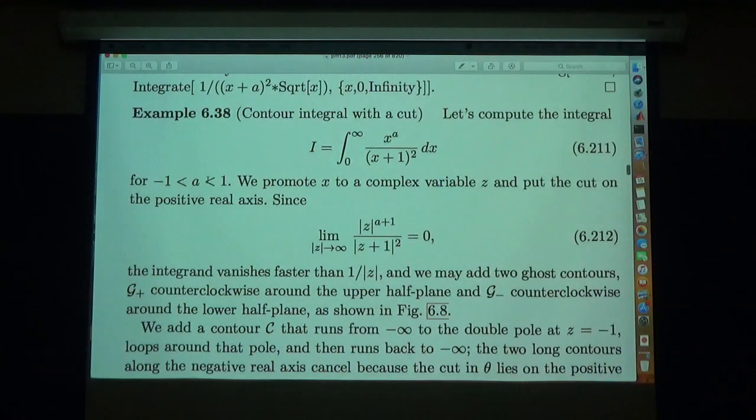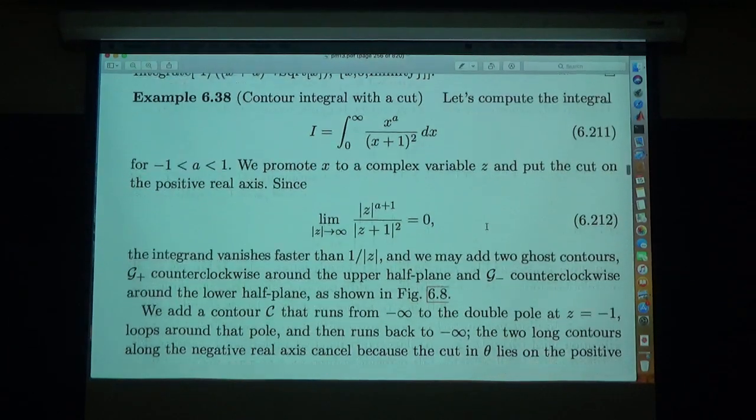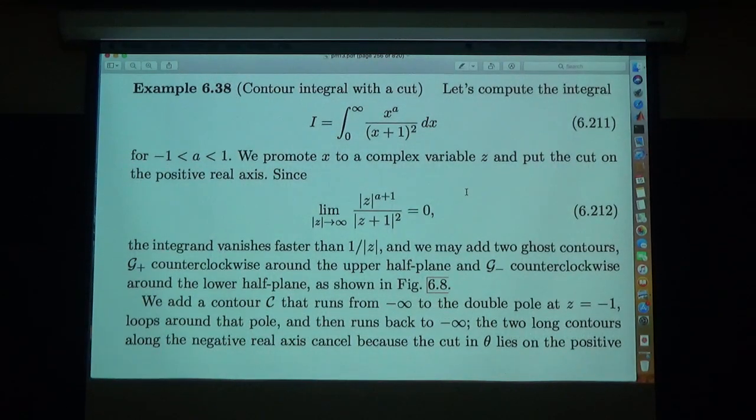Here we've got x, a real number somewhere between -1 and 1, and well, this is a rather complicated example. We put the cut on the positive real axis, and then what we see is, because the x is squared here, and in the numerator we would have 1 power of r, we would have r to the 1 plus a. 1 plus a is less than 2, and so we can add a Gauss contour at infinity.